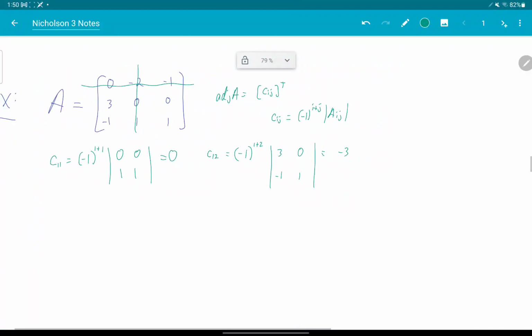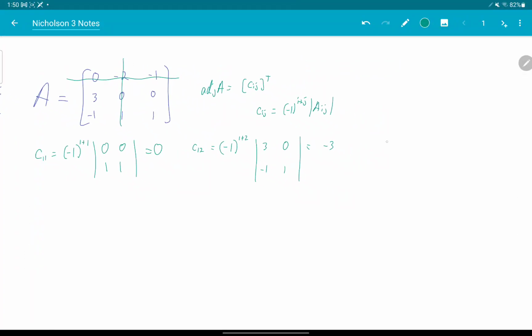Okay, so I continue in this way, and I calculate everything. With practice, you can do this in your head. So the C13, just in my head, I'm smushing this, doing this determinant, I'm just remembering that it's going to be plus or minus 1 in front.